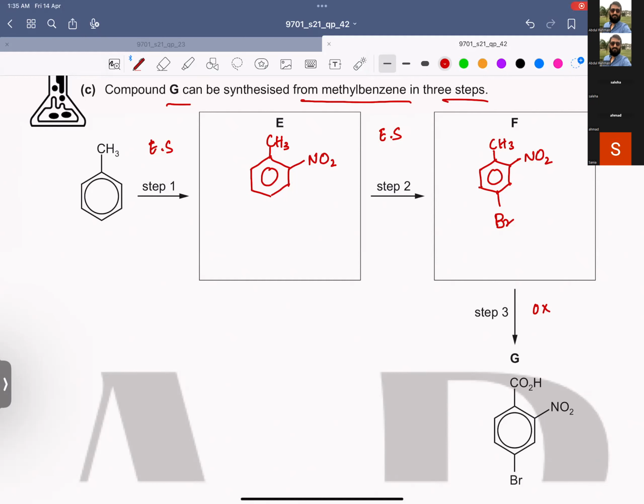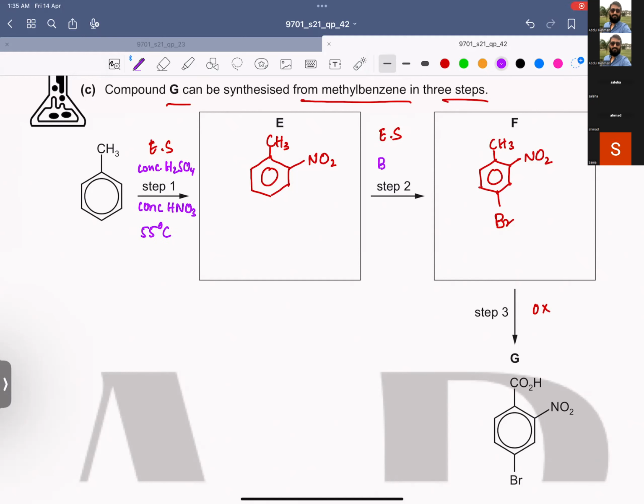Let's put the reagents which are needed. For this stage, we need concentrated sulfuric acid and concentrated nitric acid, and the temperature is around 55 degrees Celsius.